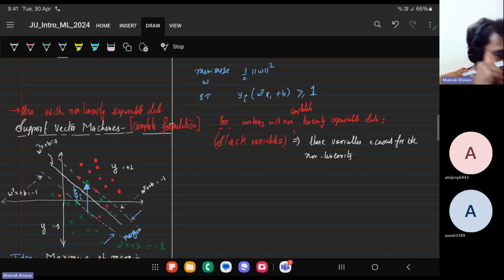So for every point, I will be introducing these slacks. So if there is a slack over here, there's a slack over here. Similarly, there's a slack over here.